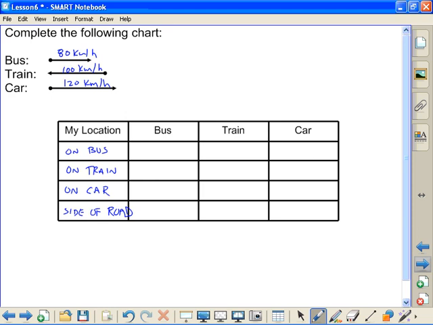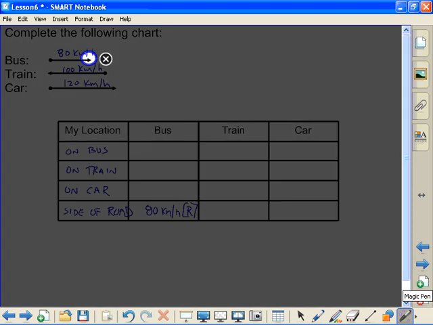So I'm going to start at the bottom, actually, side of road. This is you standing at the end of your lane waiting for the bus. And this bus goes flying by you. How do you perceive the speed or velocity of the bus? Well, you perceive this bus to be traveling 80 kilometers an hour, in this case, to the right, and I get the direction from the arrowhead.